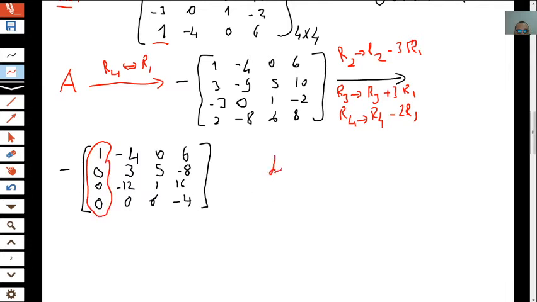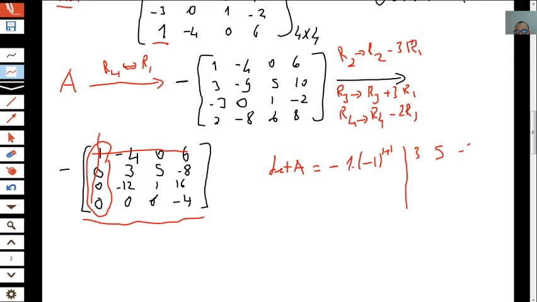So the determinant of the matrix A is equal to minus the determinant of this matrix, and using the first column we can write 1 times minus 1 to the power 1 plus 1, and we cancel the first column and first row, so the remaining numbers will form a 3 by 3 determinant: 5, minus 8, minus 12, 1, 16, 0, 6, minus 4.